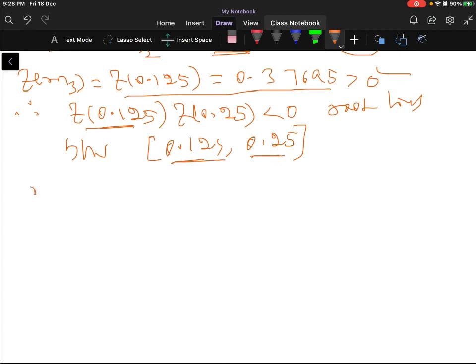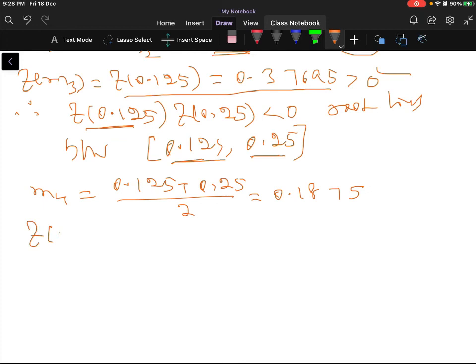Again we bisect the interval (0.125, 0.25). We get m4 = (0.125 + 0.25)/2, so we get 0.1875. So we find f(0.1875). Again this is positive.